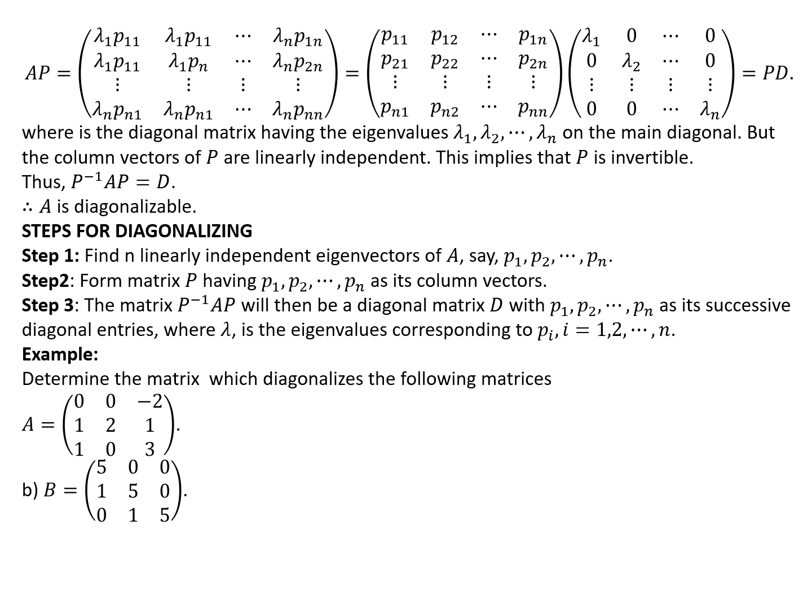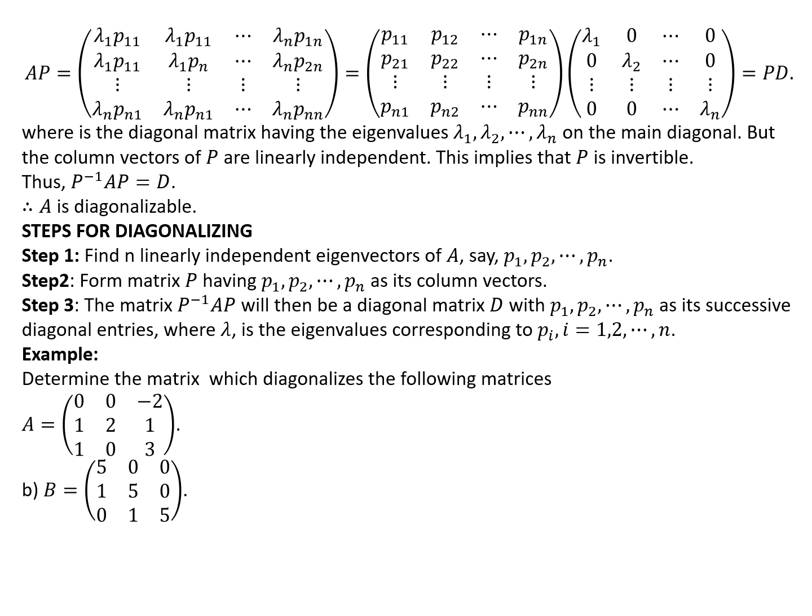So we can see from the problem that AP is equivalent to PD, where D is the diagonal matrix having the eigenvalues lambda 1 up to lambda n on the main diagonal. But the column vectors of P are linearly independent.